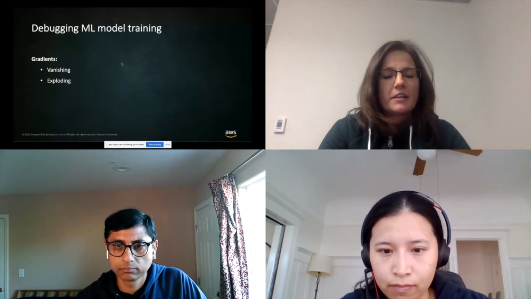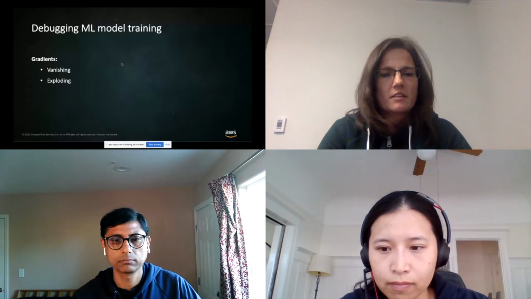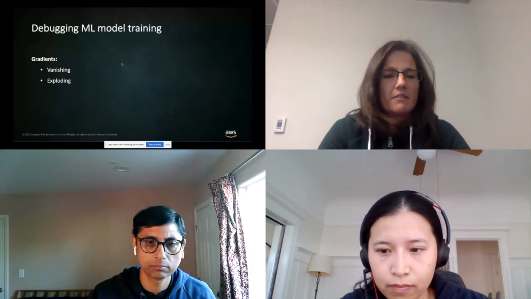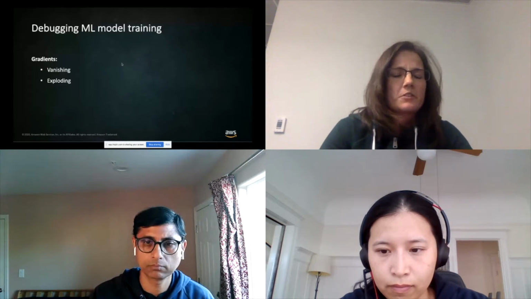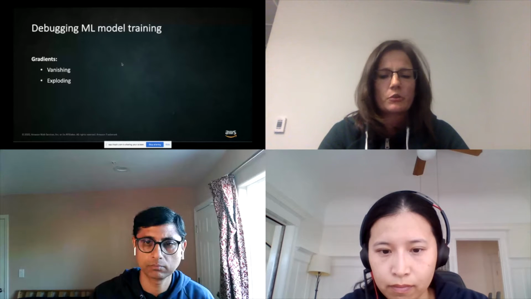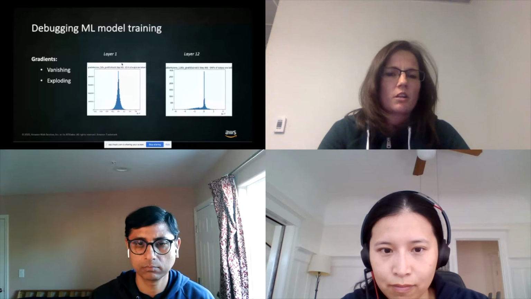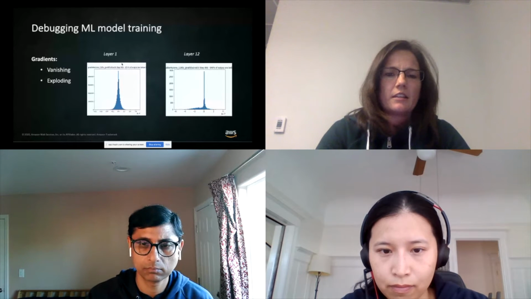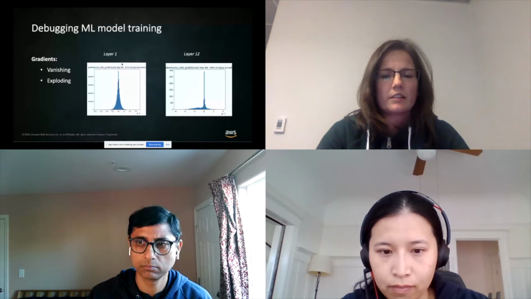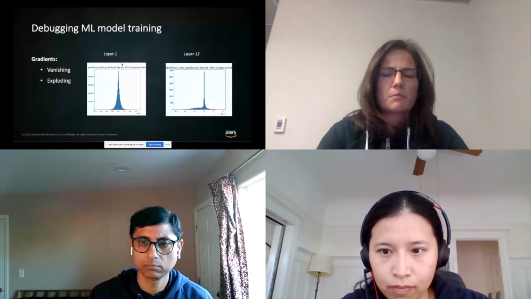Then in training deep neural networks, you have gradients, and they may vanish or explode, which can happen with the activation functions or if your weights are incorrectly normalized. But it can also happen if your model has too many layers. This animation here shows an example model that had more than 12 layers.